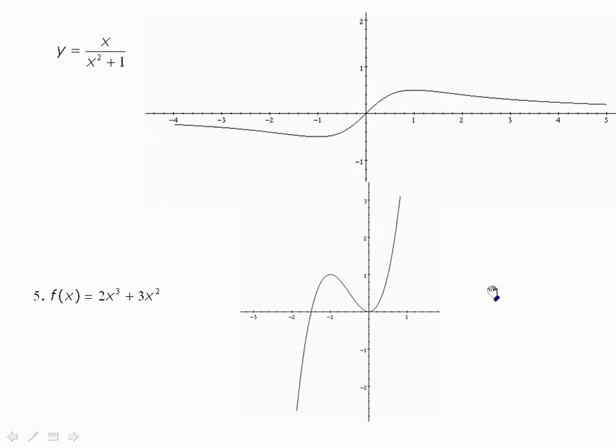So let's take a look at those two graphs. The first one we did say was odd. That's correct. And yeah, it kind of makes sense. If you take a look at every point there, we'll have a mirror image of it down there. You could also think of this as being a reflection in both axes.